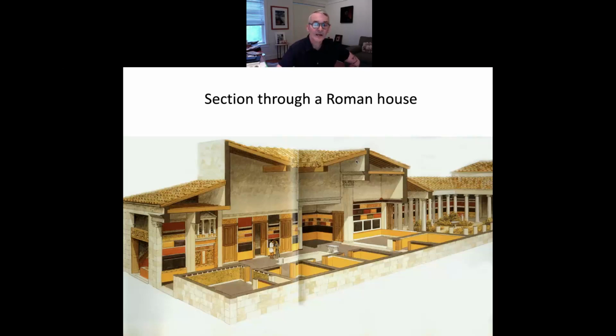Now we do have very good information about what Roman domestic architecture looked like because of the ancient city of Pompeii, which we'll see some slides of. But here it shows the layout. You can see the garden to the right.